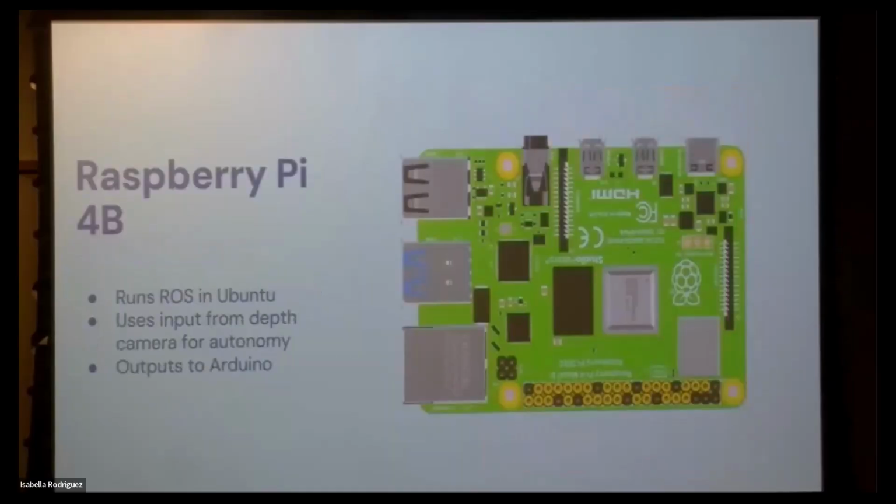So for our system layout, we have the Raspberry Pi, which runs ROS and Ubuntu on it. This would use the depth camera that we have for autonomy, and this will output the communications that the Arduino is communicating with the Raspberry Pi. We'll talk further about that.